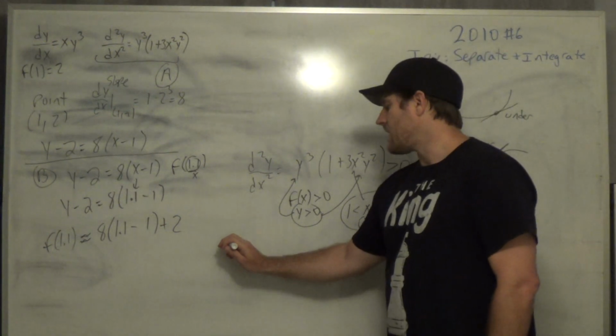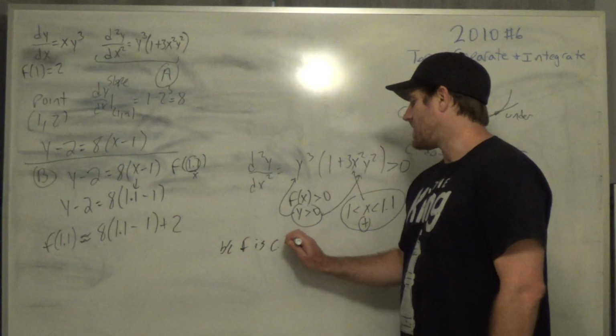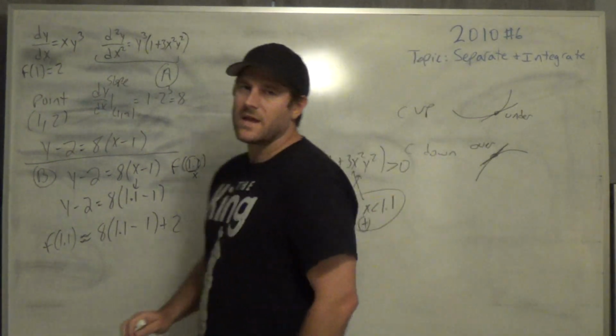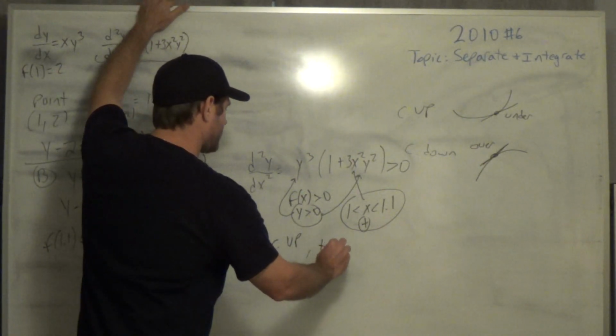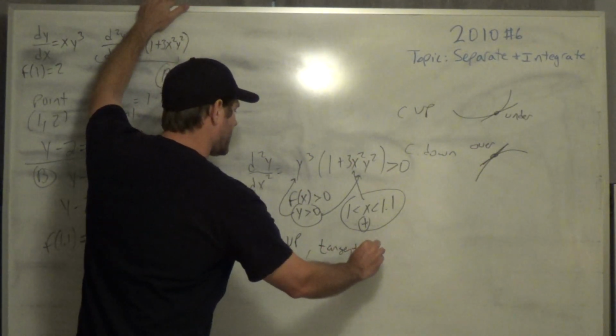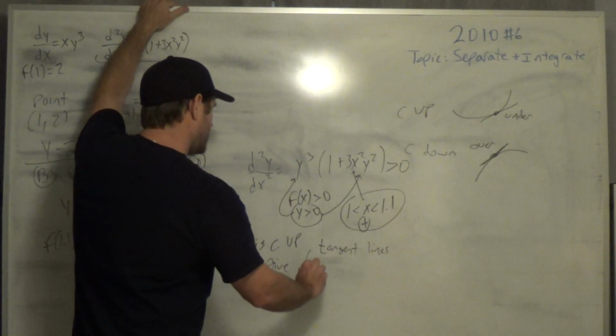So we would say because f is concave up, and now we remember our conclusion, tangent lines give underestimates.